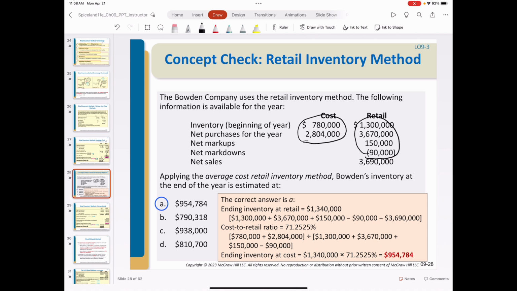So here it provides a formula. Finally, the cost to retail ratio is 71.2525%. We subtract net sales from the sum of these four items. We have the retail value of ending balance inventory. Multiply by the cost to retail percentage. This is the ending balance of inventory at cost. So the answer is A.